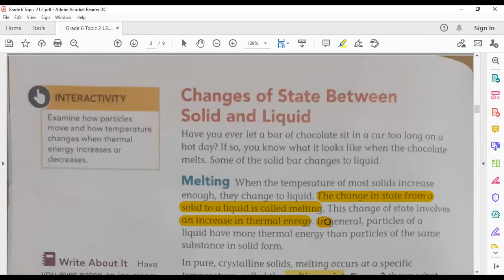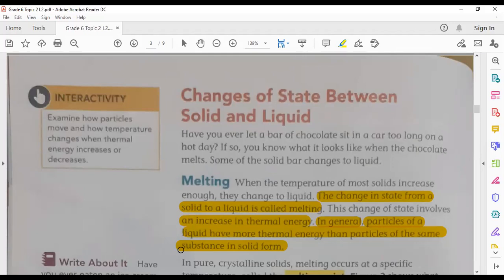And we say that particles of a liquid have more thermal energy than particles of the same substance in solid form. In any substance, not only water, the particles of the liquid have more thermal energy than the particles of a solid. Example, the particles of liquid water have more thermal energy than the particles of ice.